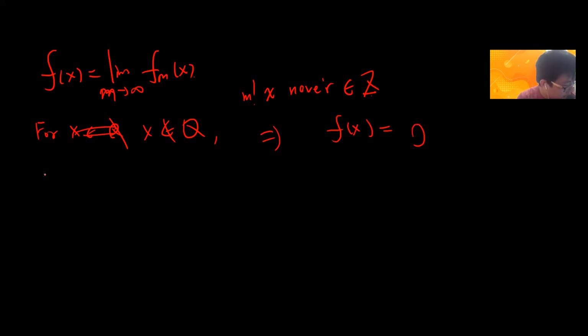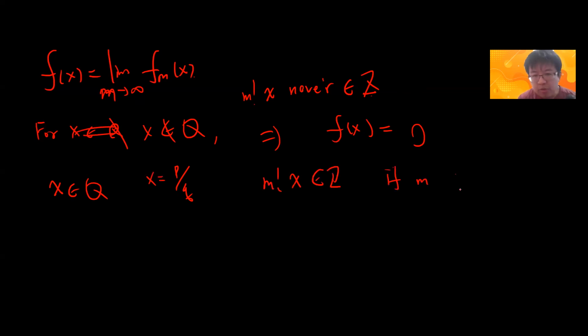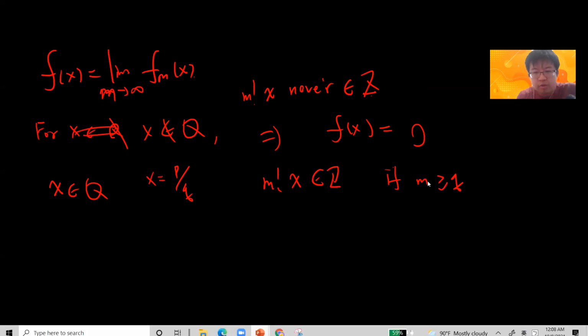Okay, but what about when x is rational? Let's say x is p over q, and we ask about m! times x. So m! x will be an integer if m is greater than or equal to q.